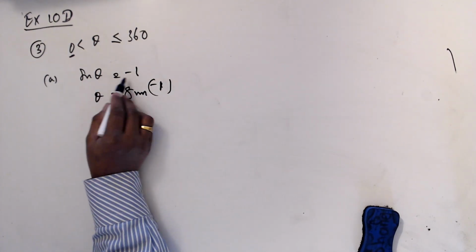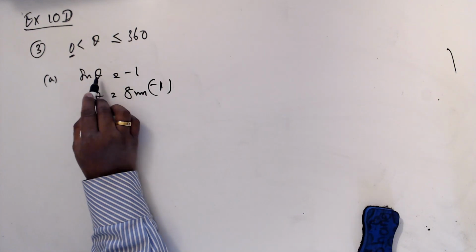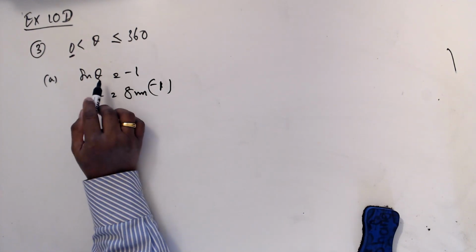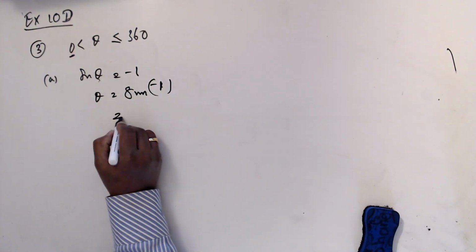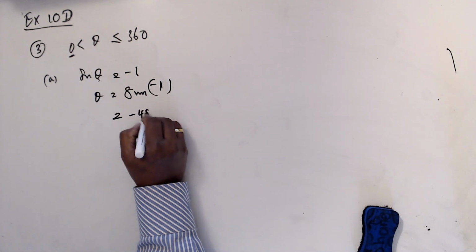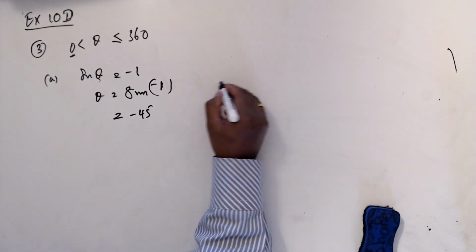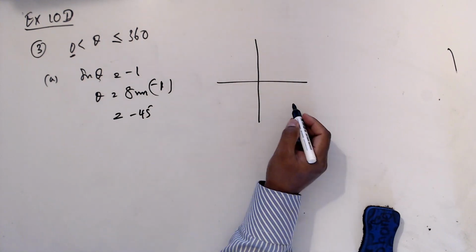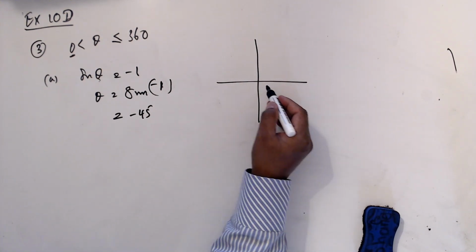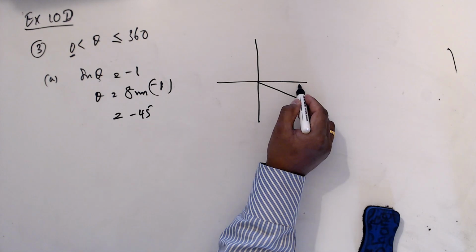So which angle gives sin theta as minus 1? 90 gives positive 1. So the calculator answer is minus 45, but it is out of range. We'll work out now. 45 is this one, minus 45.